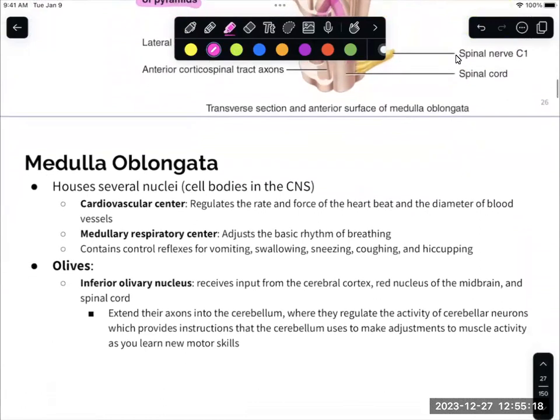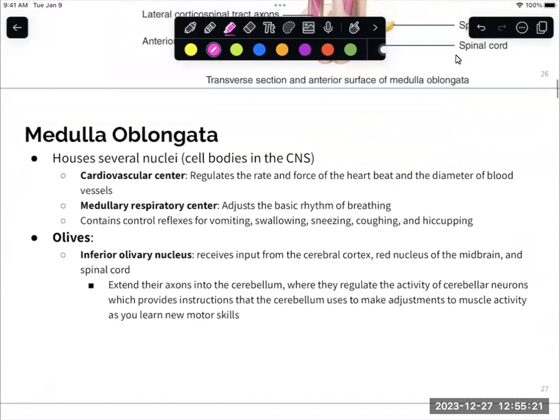So what do we have in our medulla? I mentioned our brain stem tends to control more functions we don't have control over. So we have a cardiovascular center. So the rate and the force of your heartbeat, the diameter of your blood vessels are all controlled by your medulla.